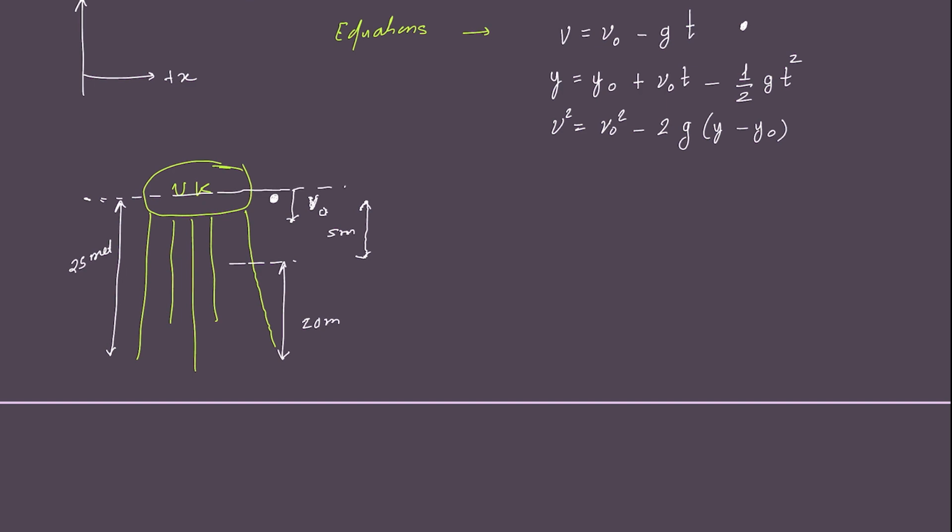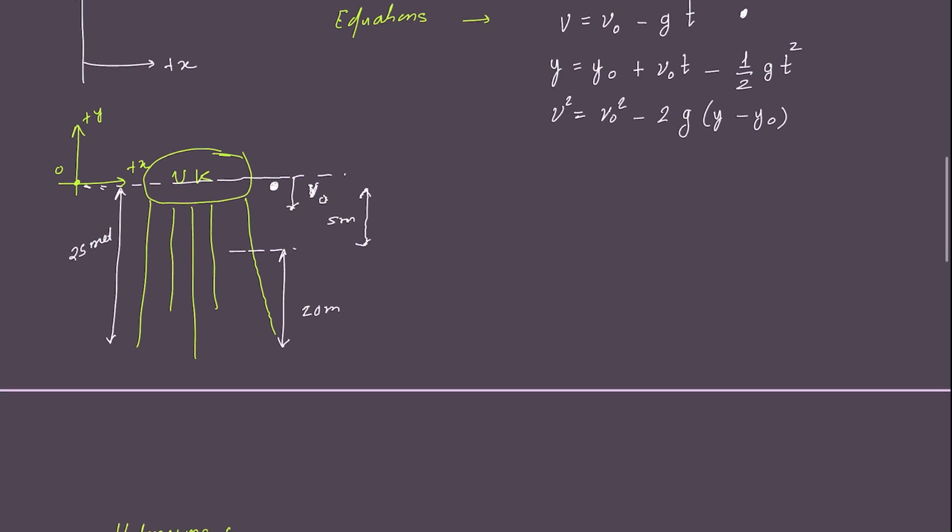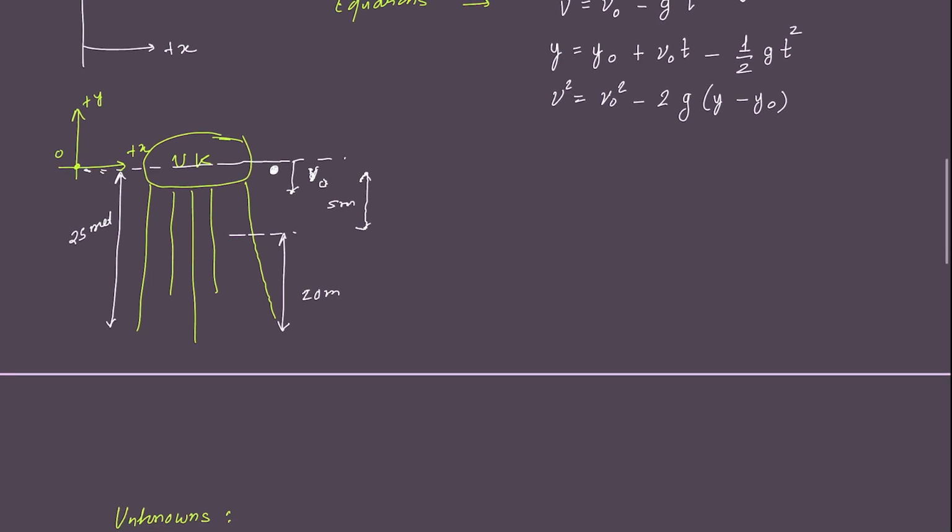So this is our coordinate system, and it is right here, plus y, plus x, and this is the origin. Then let's write down the unknowns and knowns of the equation.